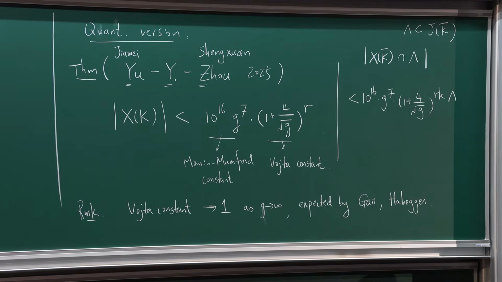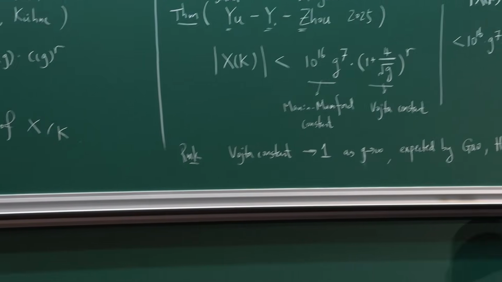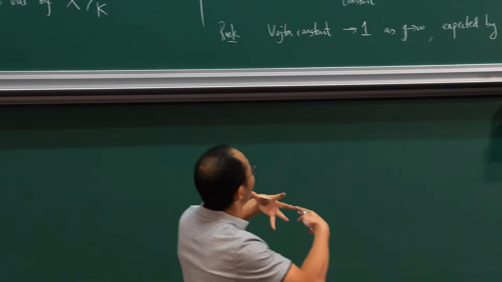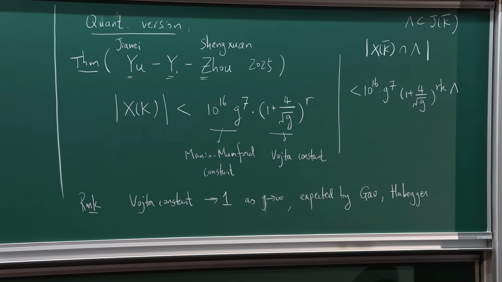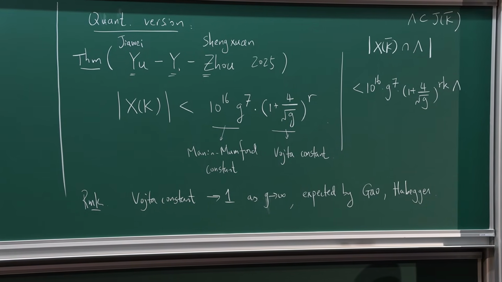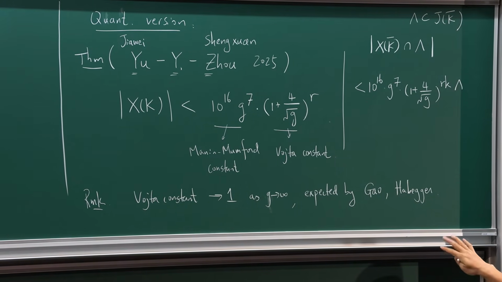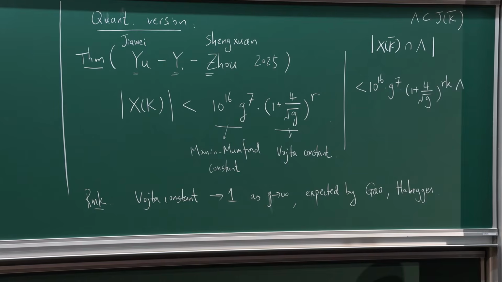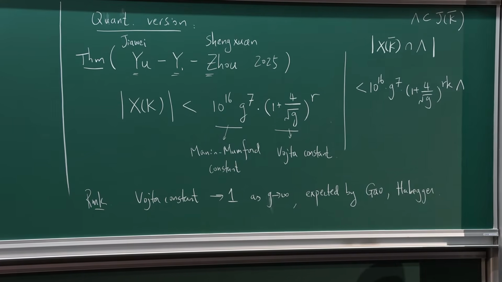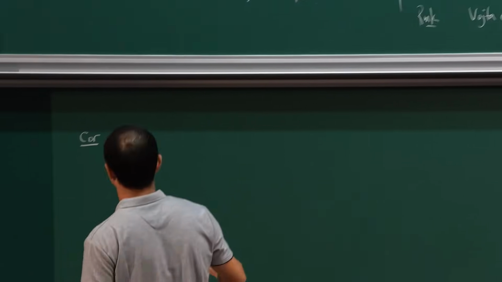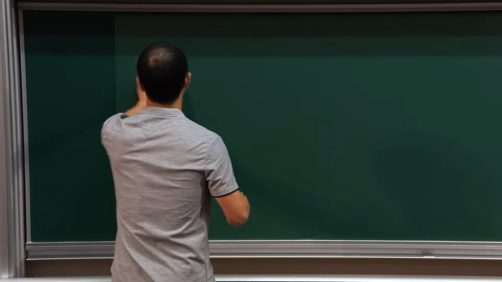The corollary is about taking the average of the number of points. But in general, it's hard to take the average of the exponential of the rank. But in one case, this is by the work of Bhargava and Gross. I first write down the corollary, or maybe I first write down the theorem, since I already started talking about the theorem.